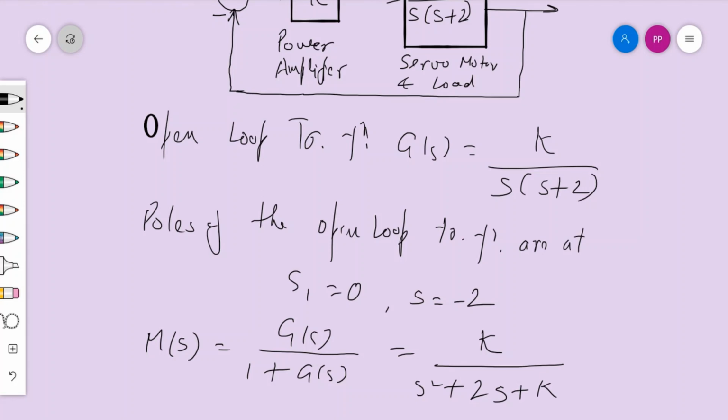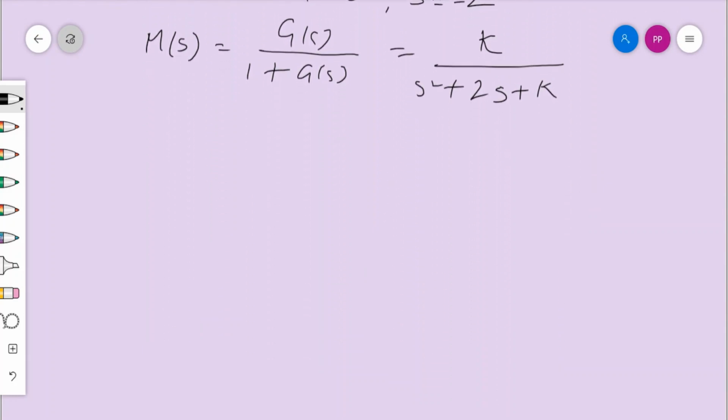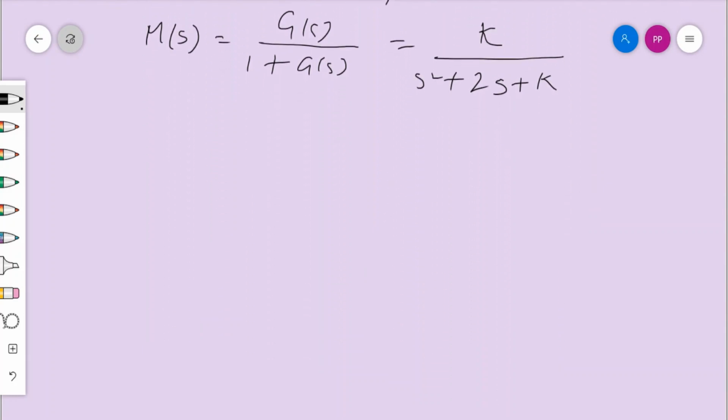We can go a little further to see how the characteristic equation of the closed loop system can be connected with the open loop system, and how the variation of poles of the closed loop system will affect the variation of different parameters of the system. So in a simple example like this, we consider the variation of the gain of the system, that is the k.